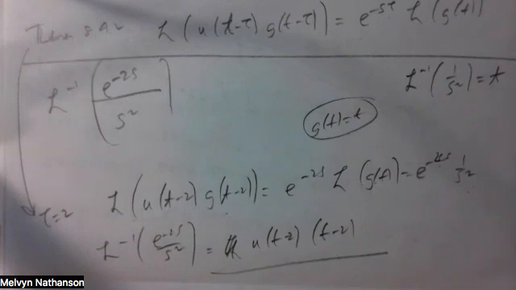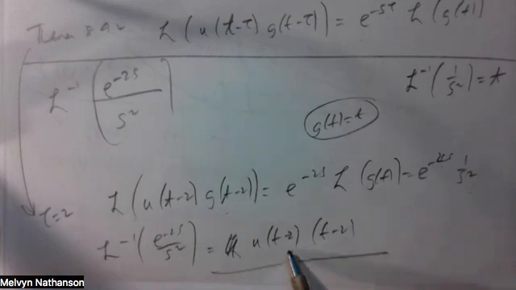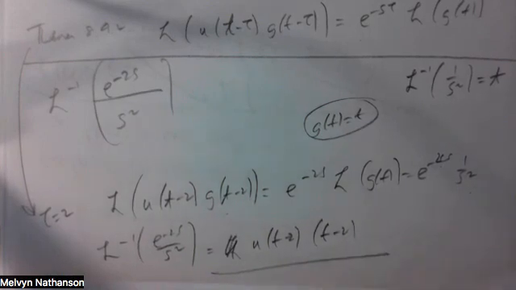And I solved my problem. The inverse Laplace transform of this is u of t minus 2 times t minus 2.